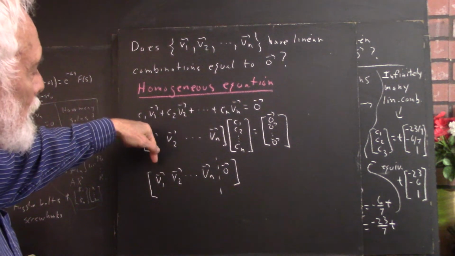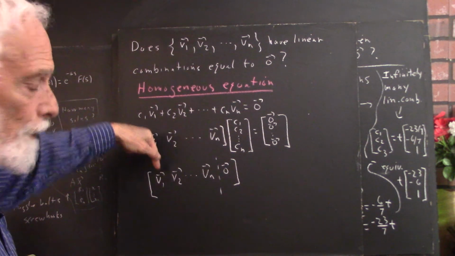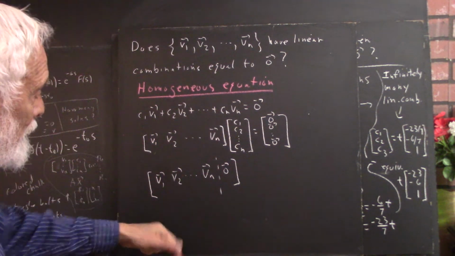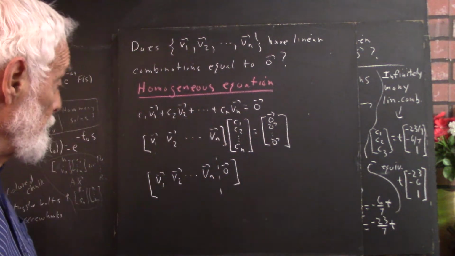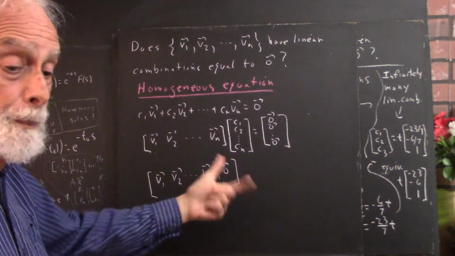Okay, so if the length of your vectors is m, then this is a 0 vector with m zeros. And this is an m by n matrix.